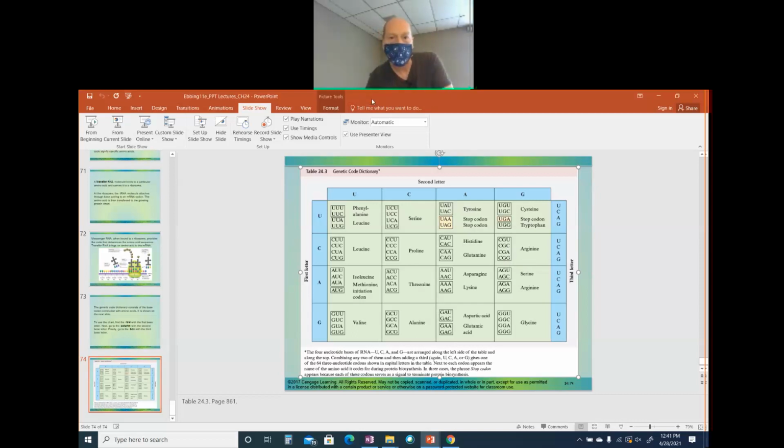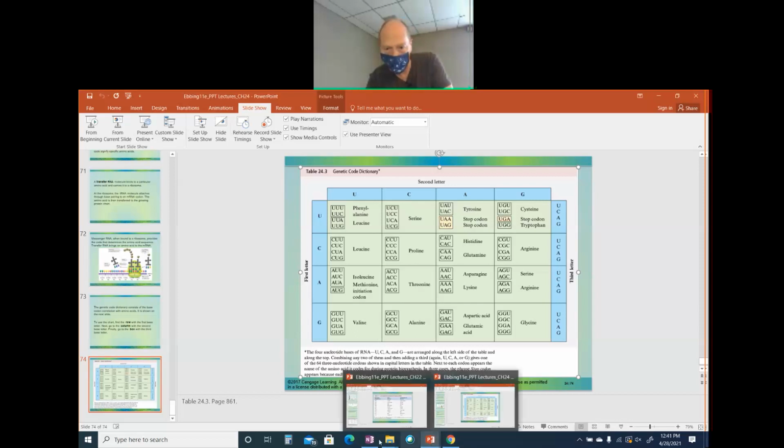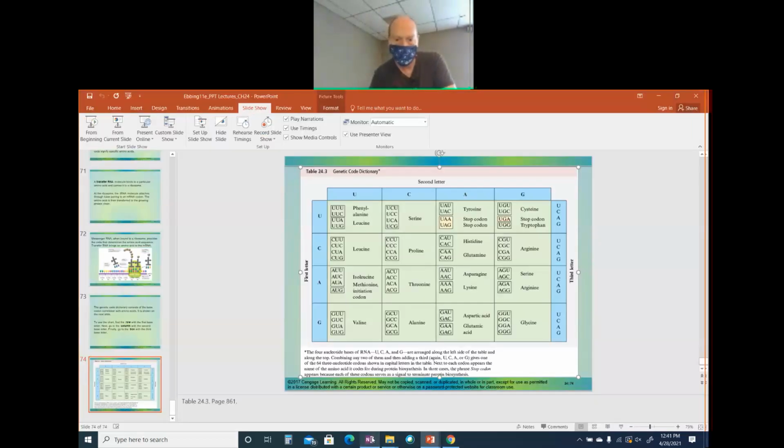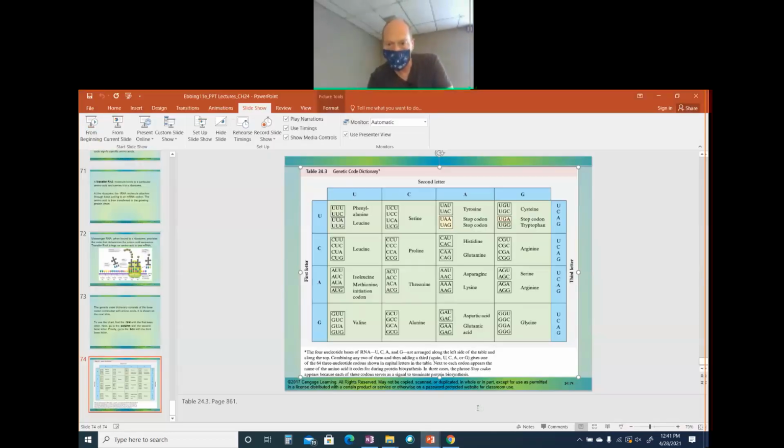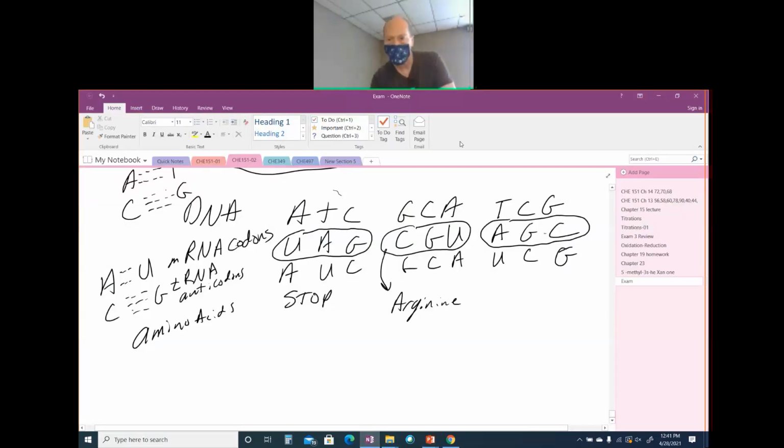So we would have arginine as our next amino acid. And then AGC. So AGC is serine. Now if you looked at the anticodons, you would have different amino acids and not the answer.